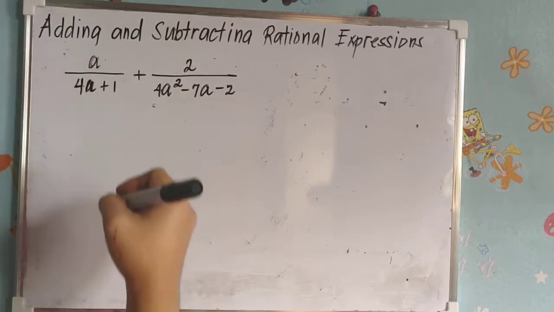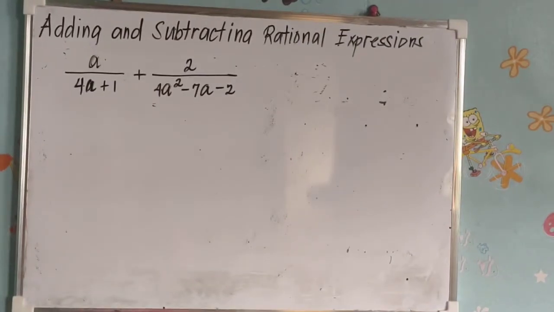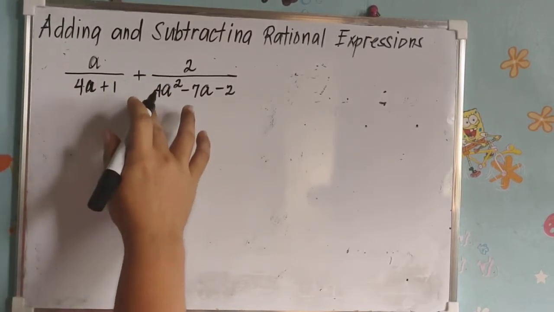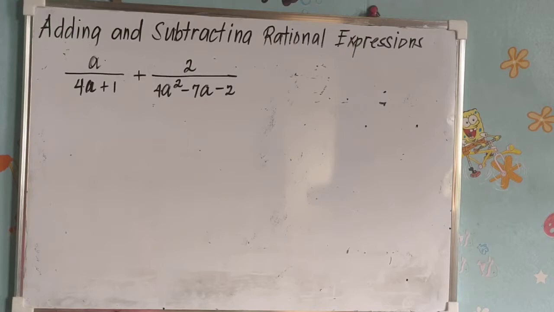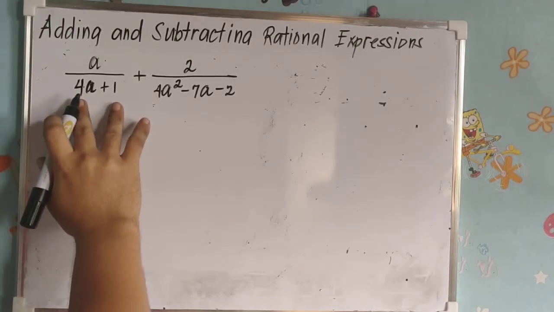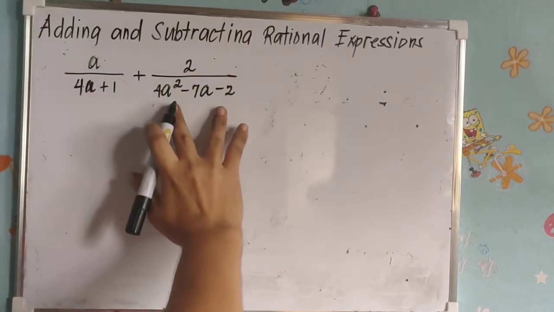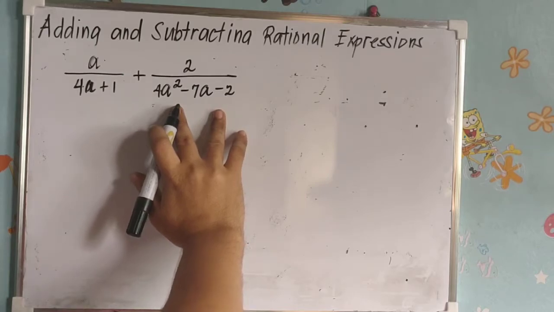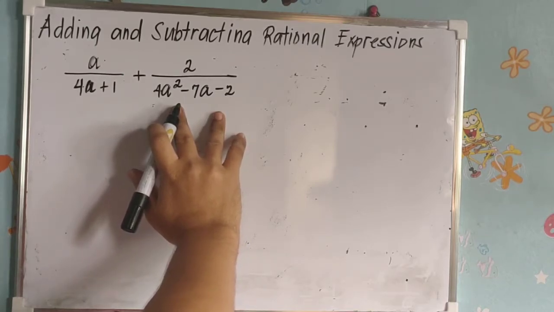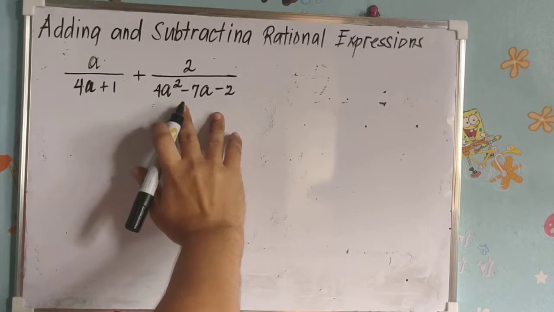This next example we have is a little bit more complicated than our previous examples, but just listen carefully. The denominators are 4a plus 1, and obviously this cannot be factored anymore. So let's move on to our next denominator, which is 4a squared minus 7a minus 2.